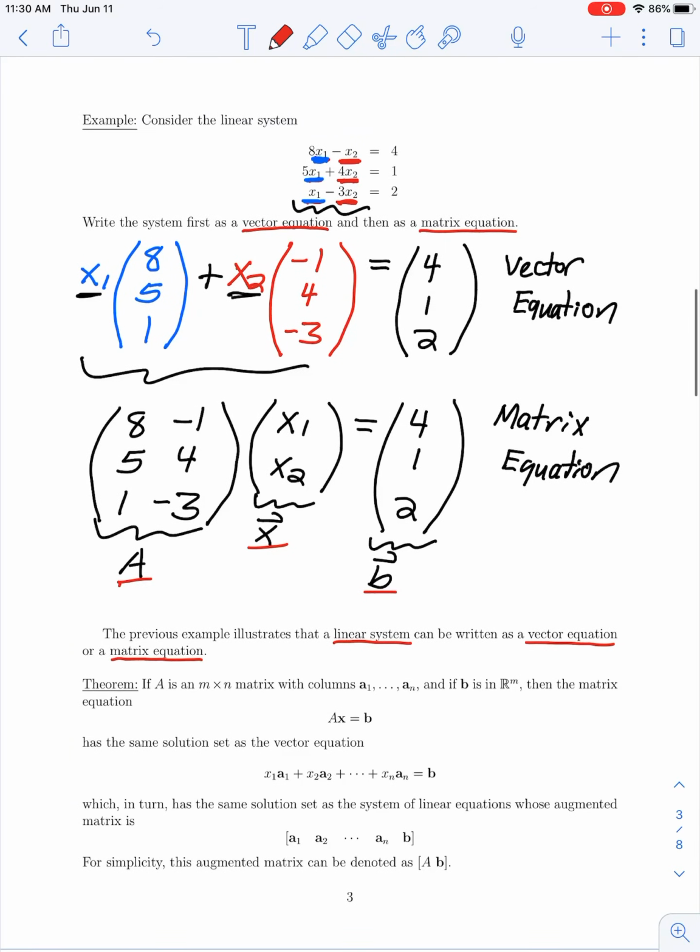So this fact that we can express a linear system as either a vector equation or a matrix equation leads to the following result.